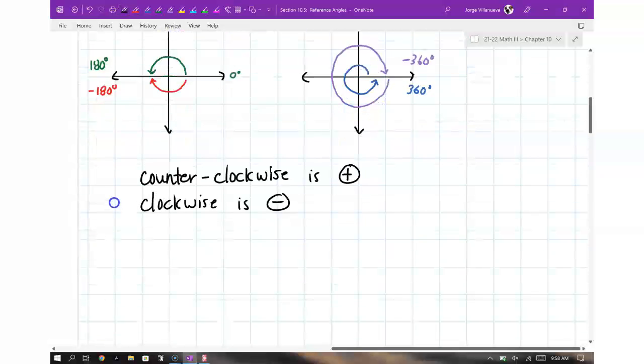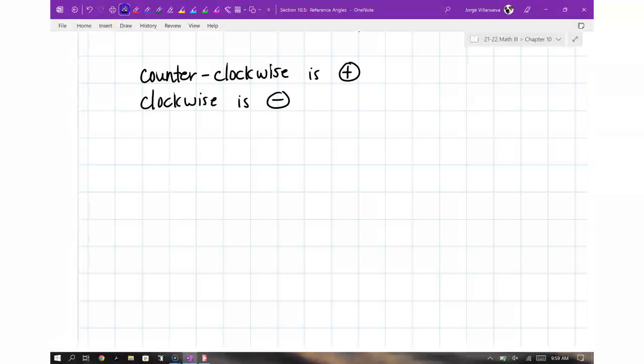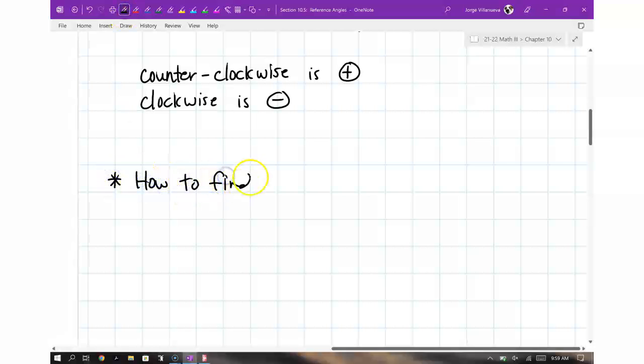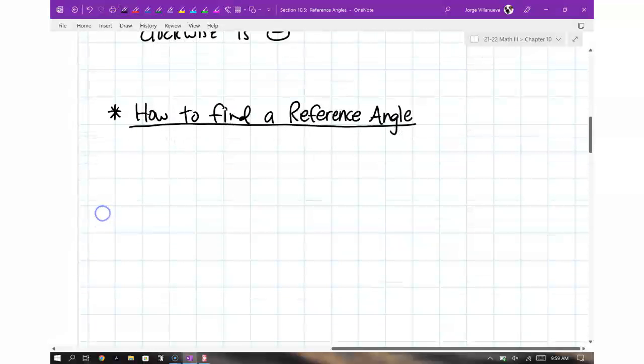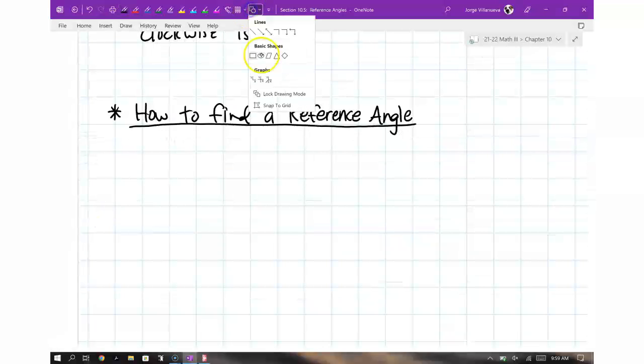So here's your guide as to how to find your reference angle. I always tell people this is kind of like the black widow symbol. I don't know if you guys know what I'm talking about, but let me show you.